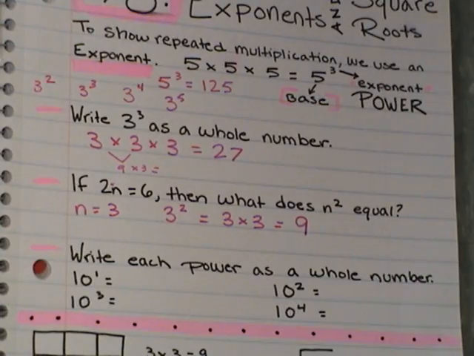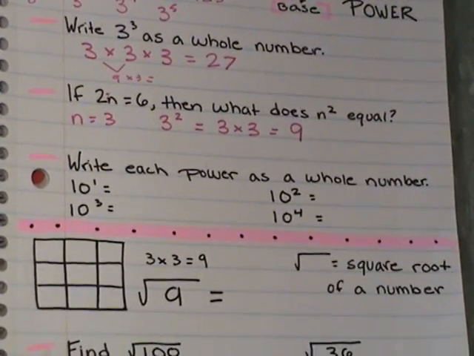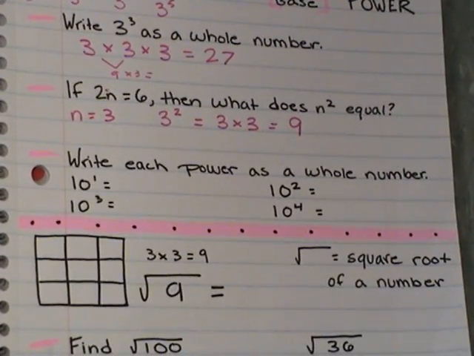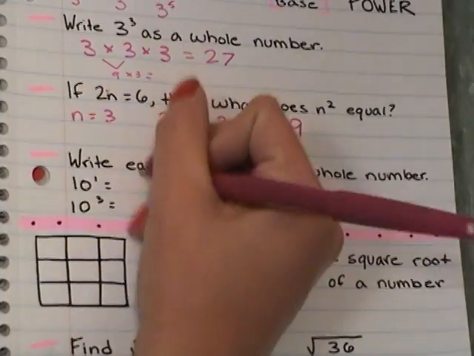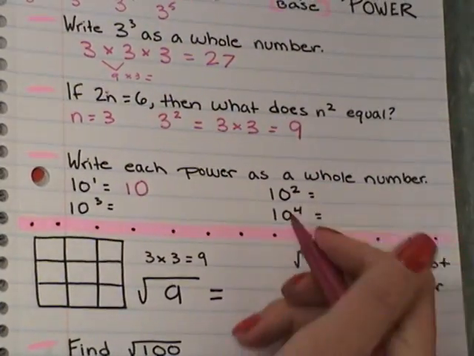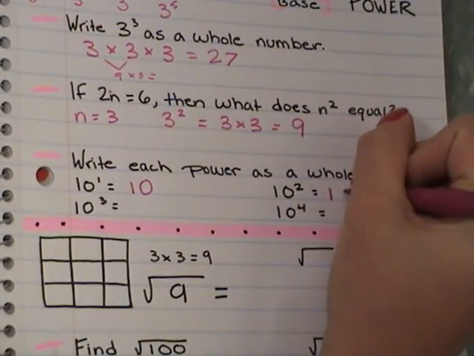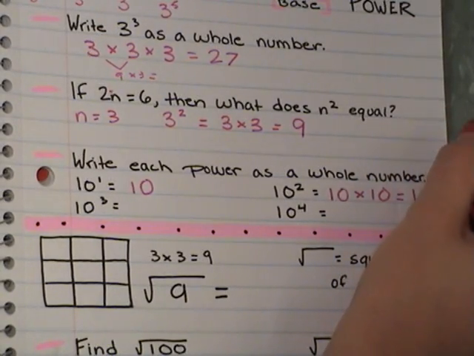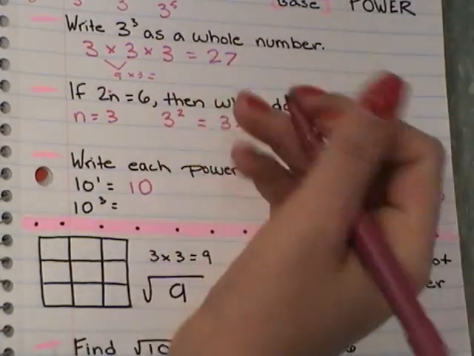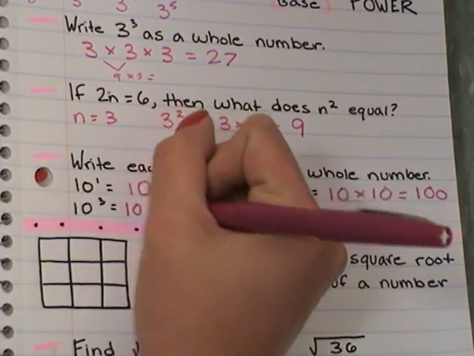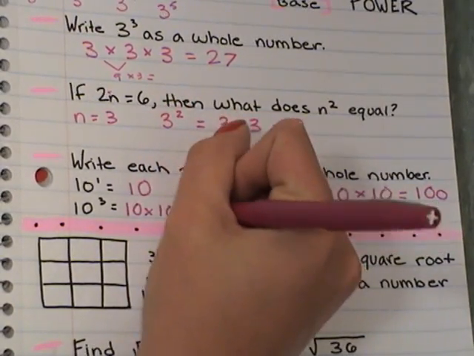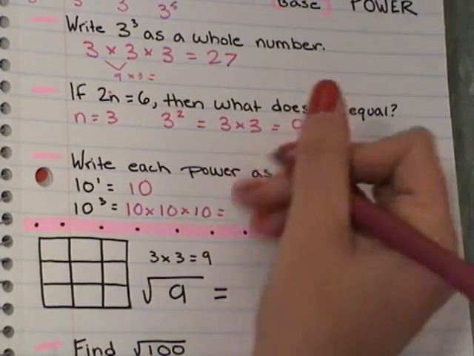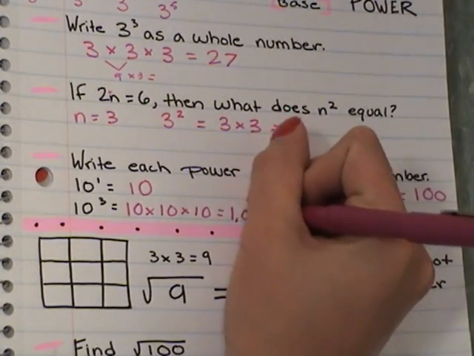Alright, now the next part. Write each power, remember they're called powers, as a whole number. So I have 10 to the first power, so I have 10 one time. That would equal 10. 10 squared equals 10 times 10, which equals 100. 10 to the third power, 10 times 10 times 10, which equals 1,000.